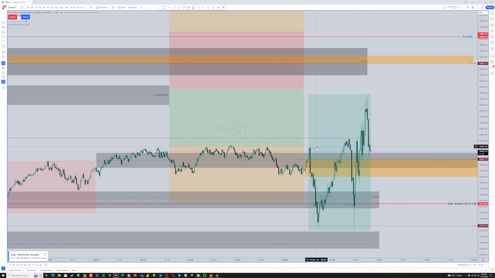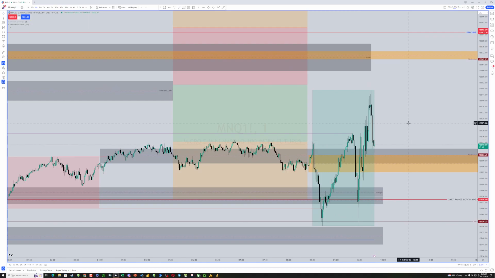Okay, because it ran up like that, I'm going to use a little more discretion as to where I get in. Now I'm waiting for a dive. It created a PD array above us. It filled it. So now I'm expecting it to dive. And I don't mind this price right here.